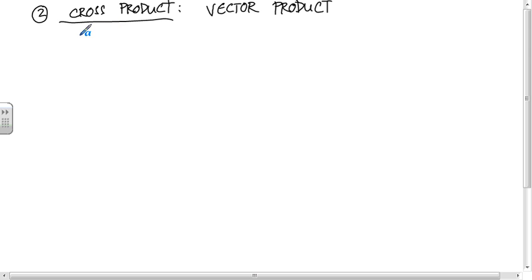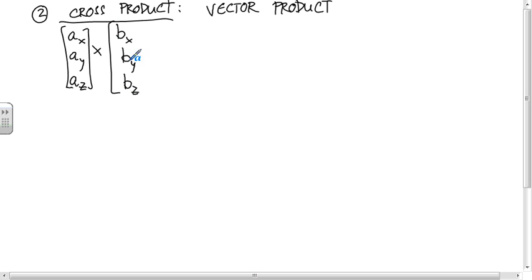If you have AX, AY, AZ crossed with BX, BY, BZ, you get AYBZ minus AZBY. It's sort of this ridiculous looking formula.